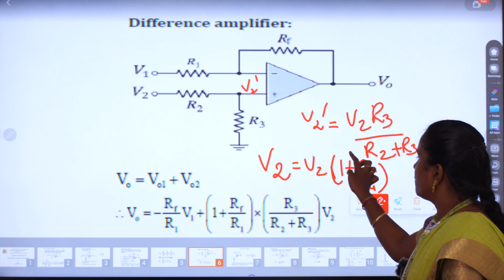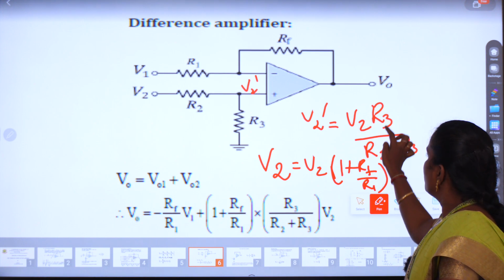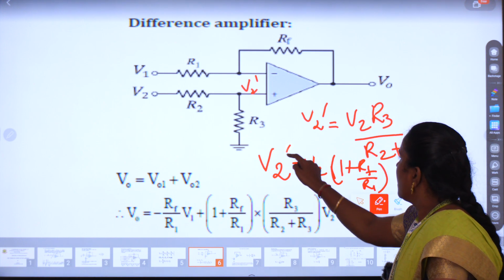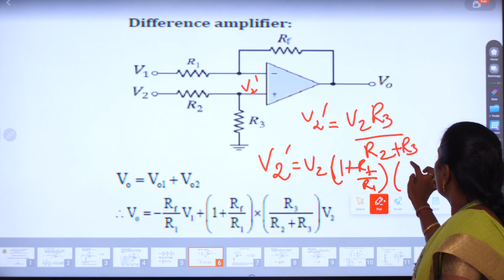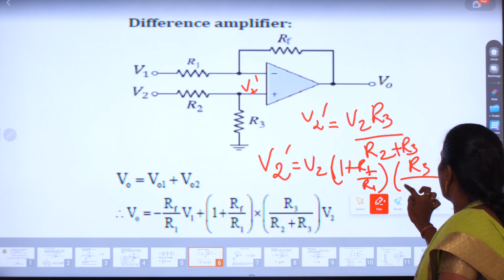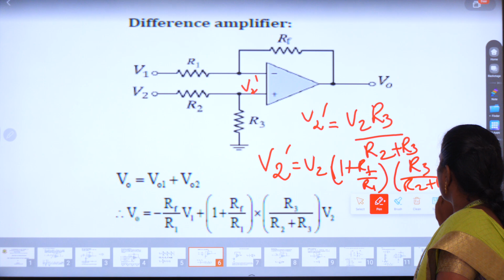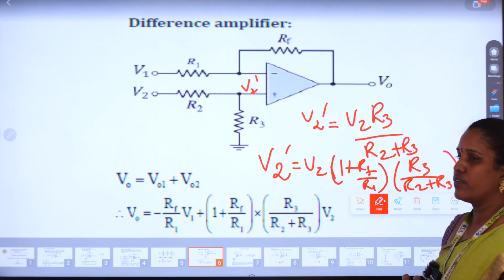So V2 times R3 by R2 plus R3, into 1 plus Rf by R1. So this is your equation.